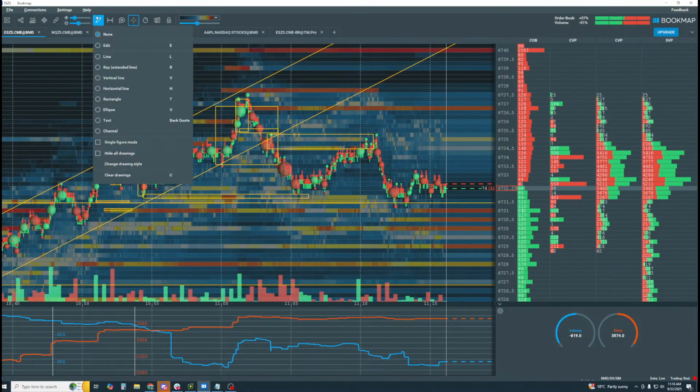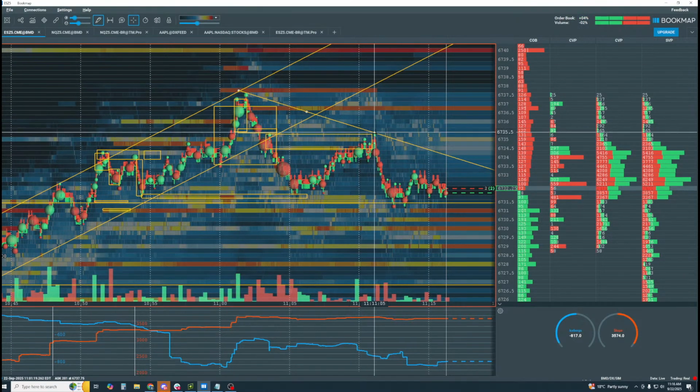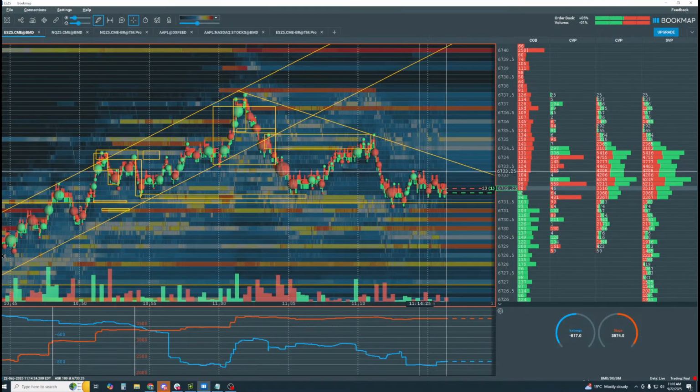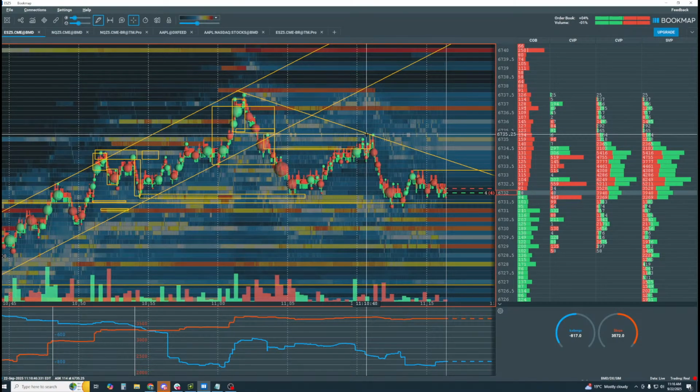However, I'm kind of looking for something like this, and this structure, and there's a couple of structures in here, this one and this one.